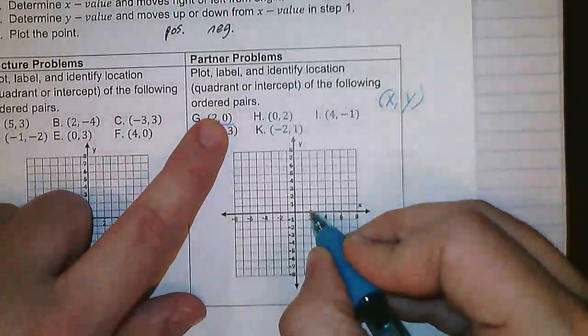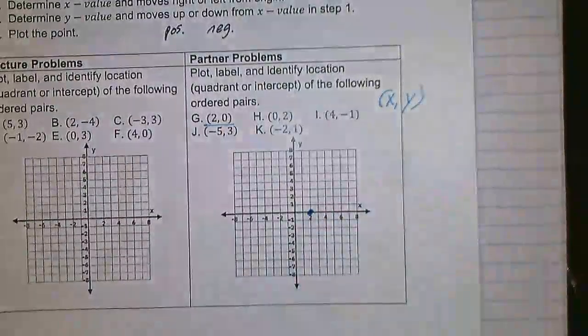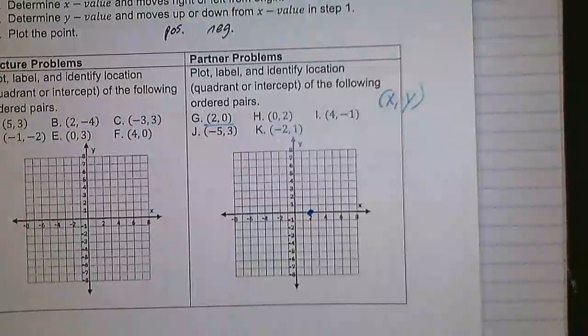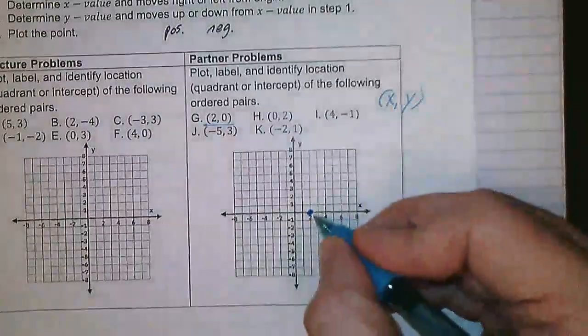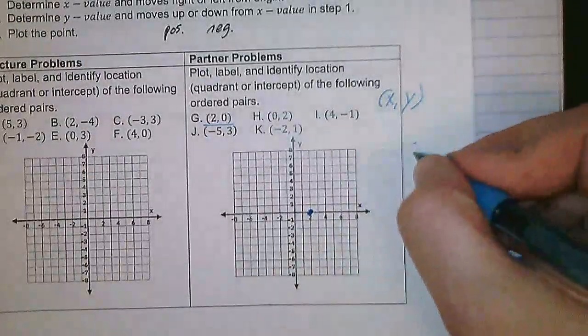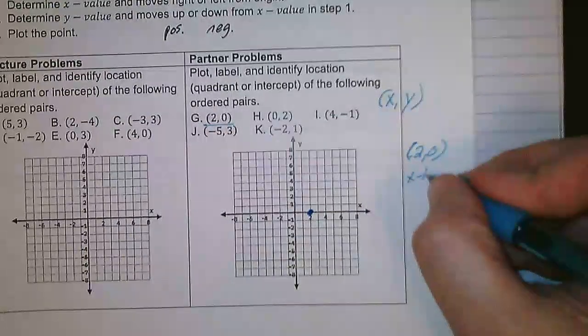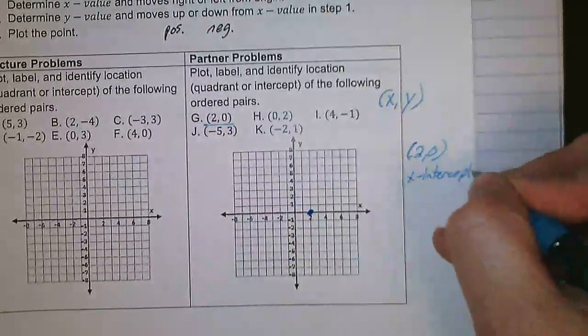And then the y value is 0. So we don't move up or down at all. So 2, 0 lies on the x-axis, meaning that, and we'll get to this later in the video, 2, 0 is the x-intercept.